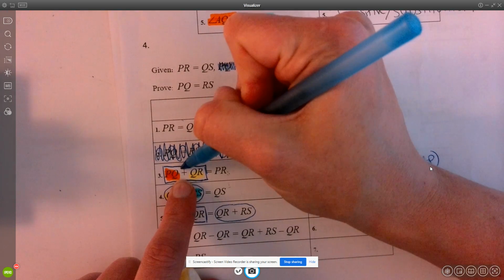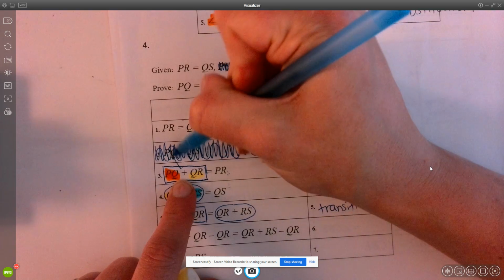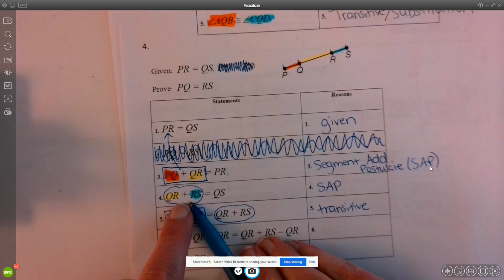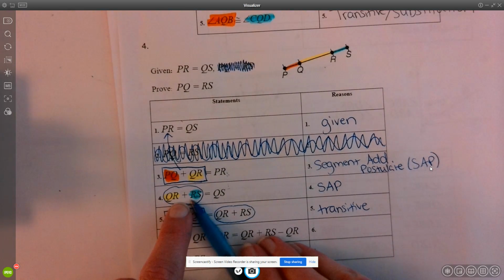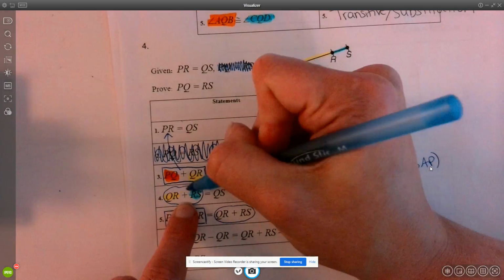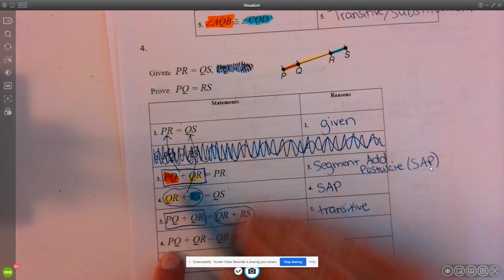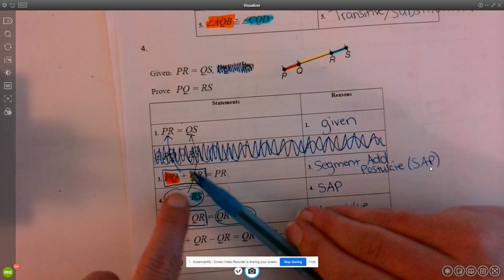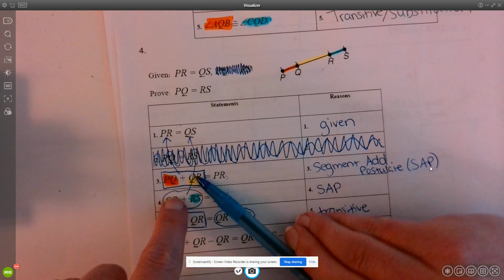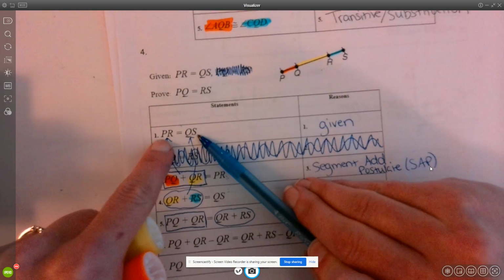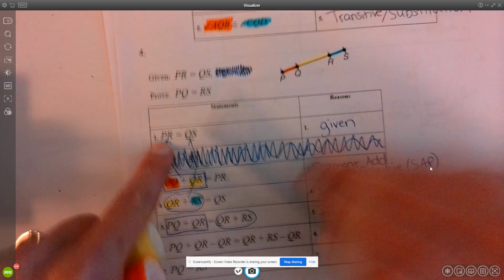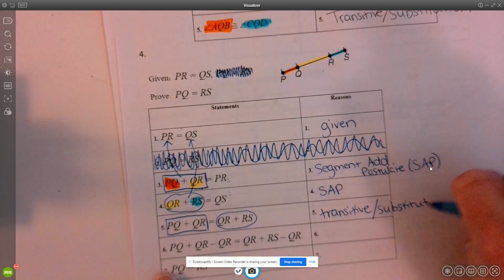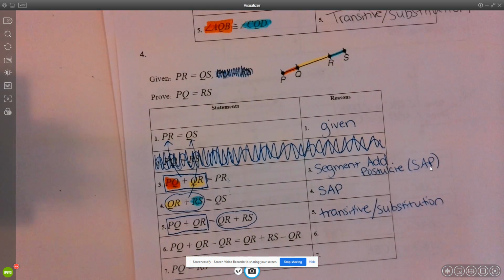So I could imagine taking this piece of my equation and substituting it in for PR. And similarly, I could take QR plus RS and substitute it in for QS in this equation. So another way to think about it is we're using substitution, and we're substituting these expressions in for the equation in statement 1. So substitution would also be an okay property to use here.